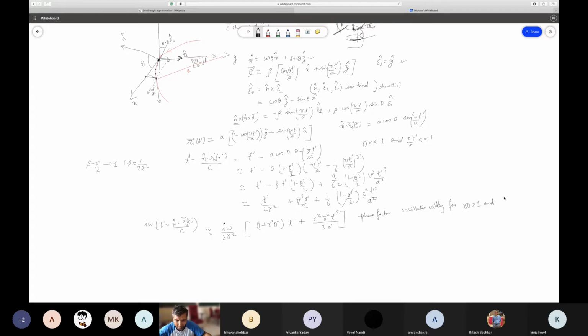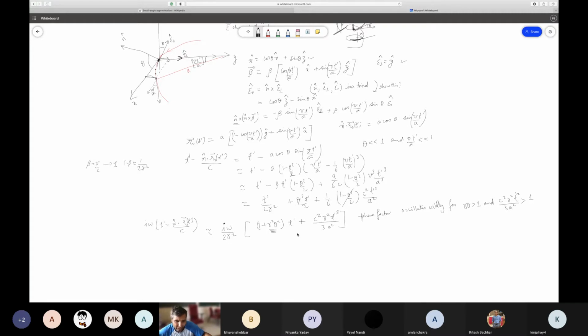Basically, when this becomes large, it will oscillate fast, and even if this factor C squared gamma squared t squared by 3A squared becomes greater than 1.